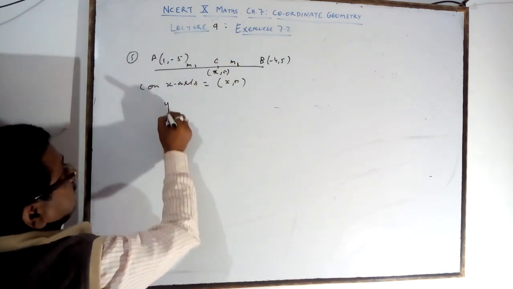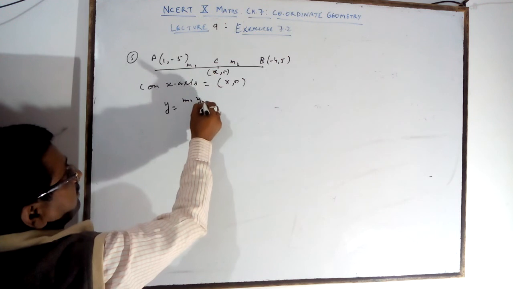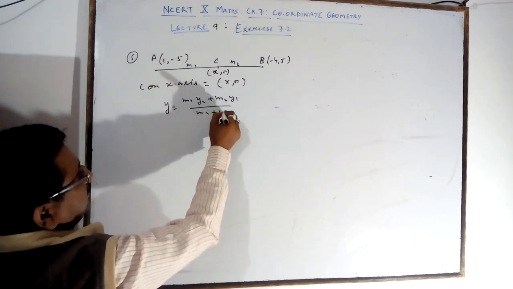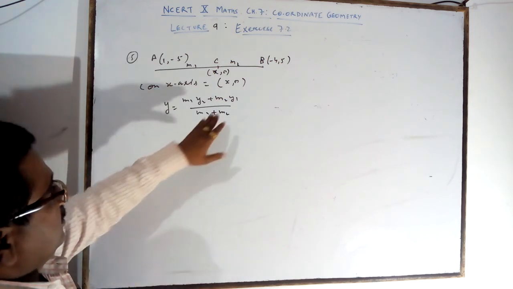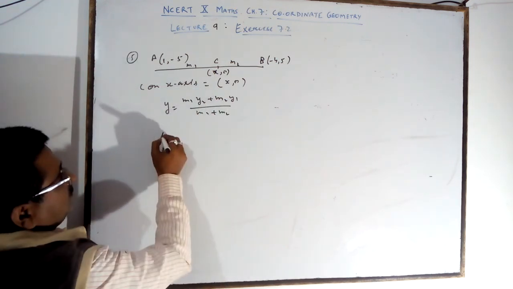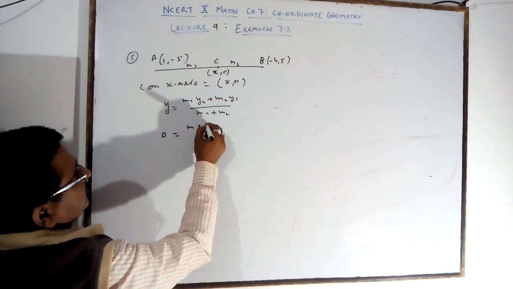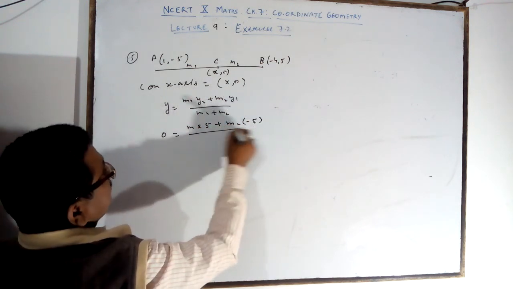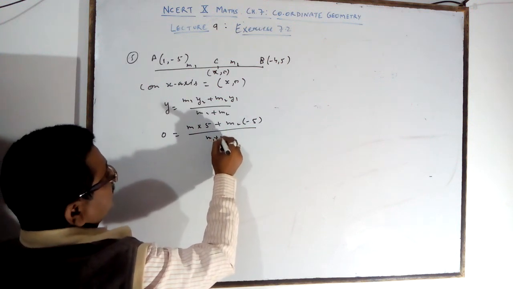So y is equal to (m1 y2 plus m2 y1) upon (m1 plus m2). This gives 0 equals (m1 into 5 plus m2 into minus 5) divided by (m1 plus m2).